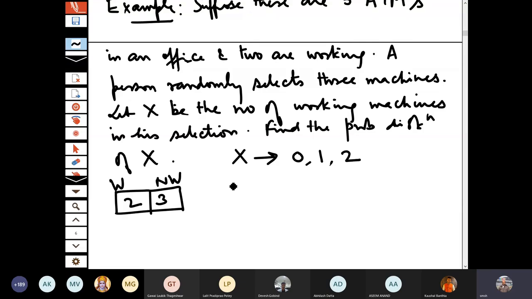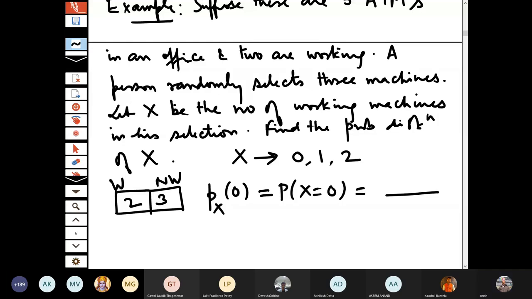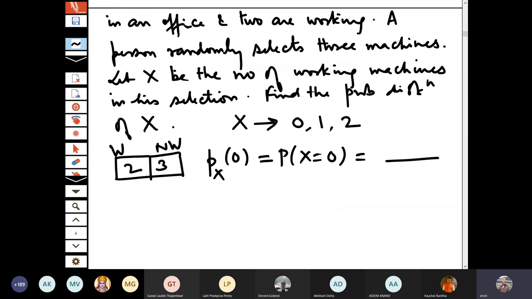So let us look at the probability distribution here. What is the probability that X is equal to 0? So can anybody tell here? This is a very simple problem. Can anybody tell this?